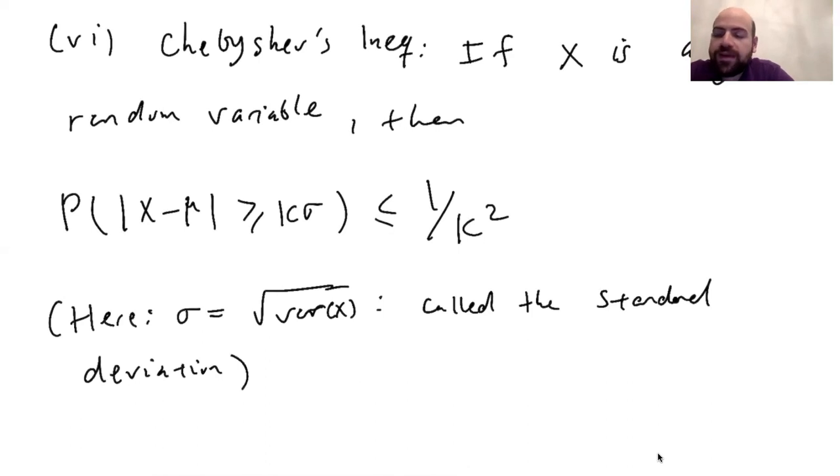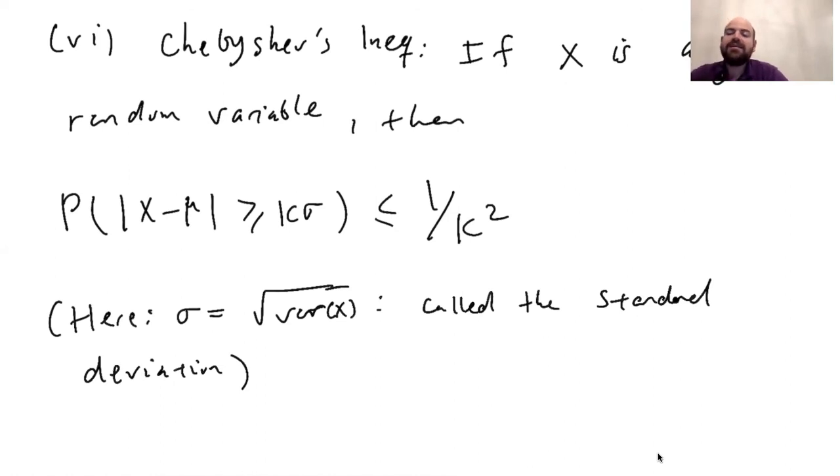Okay, so let's say if K is a big number, then K sigma is also a big number. So it means that the probability that the distance between X and mu is a big number is less than 1 over K squared. If K is big, 1 over K squared will be small. So the probability that the distance between X and mu is big is very small, or has to be very small.